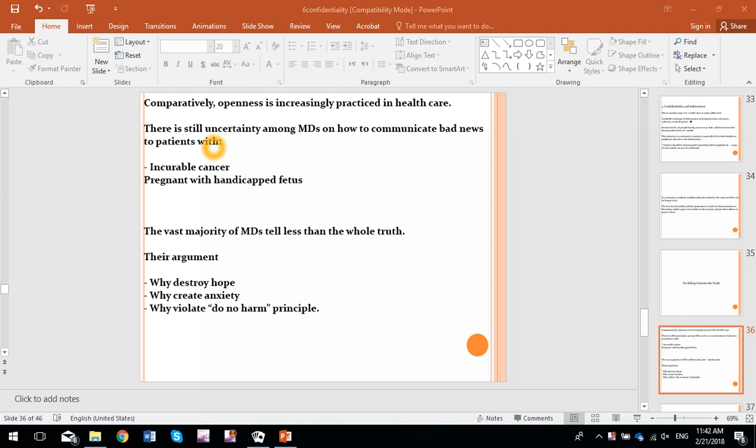And now in fetal medicine, sometimes you discover that the fetus inside the uterus has congenital anomalies. Can you tell the pregnant lady that your fetus has congenital anomalies?